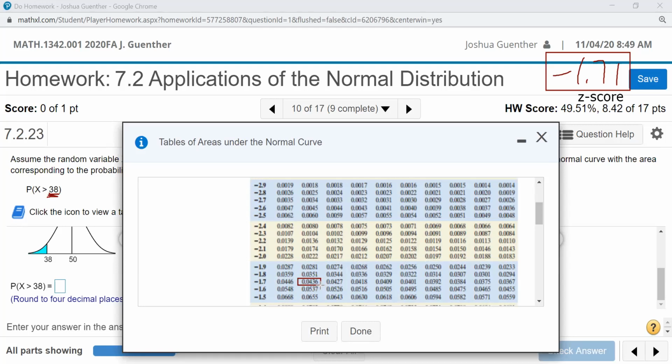That's the probability associated with a z-score of negative 1.71. Then we do 1 minus 0.0436, because we actually want the area to the right of it. The chart is giving me the area to the left of it, but the problem wants the area to the right. No worries, just use your 1 minus rule, and that's going to be 0.9564.